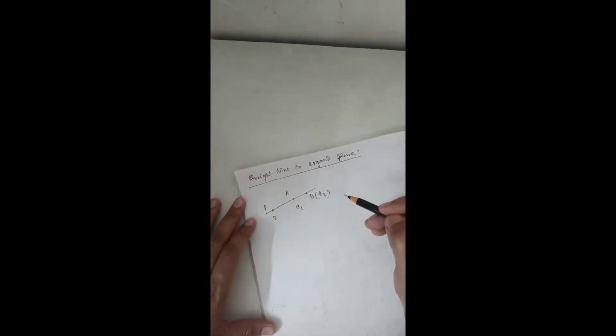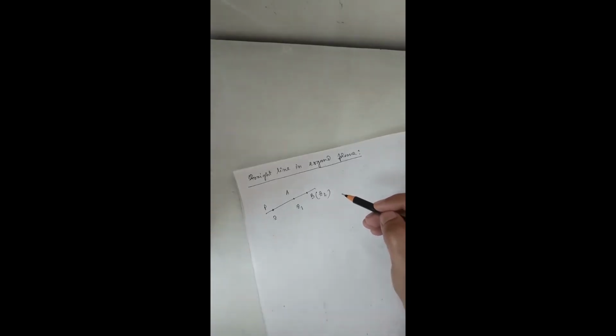Now if we consider that P, A and B are not collinear, they must form a triangle.